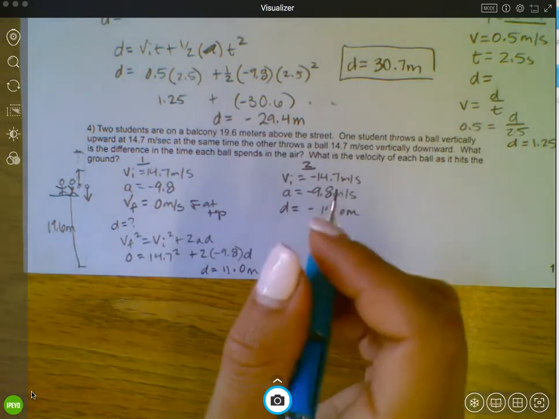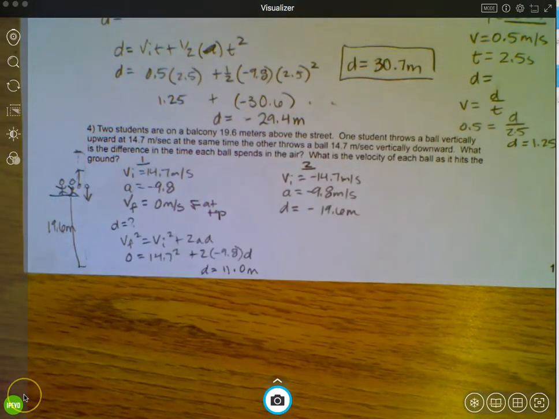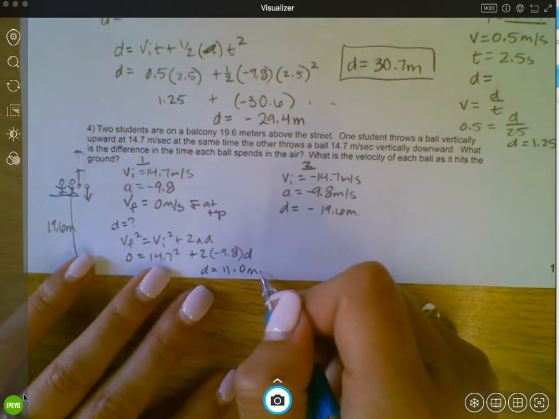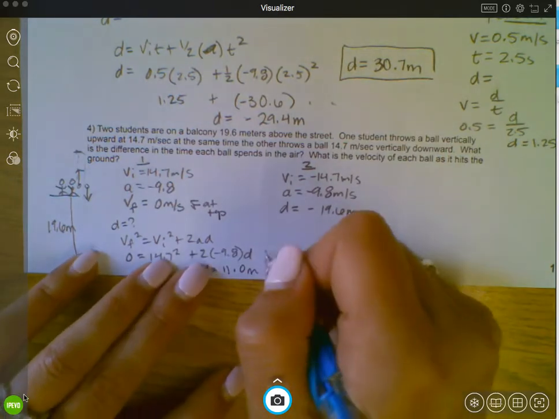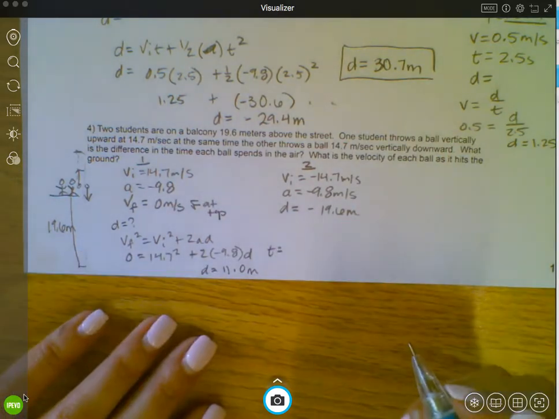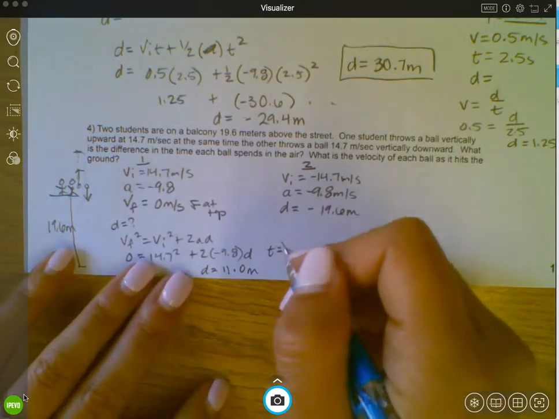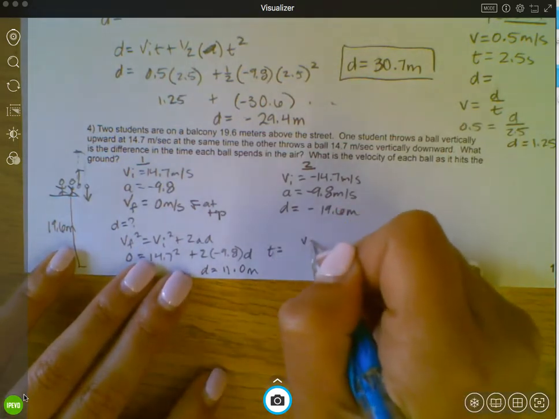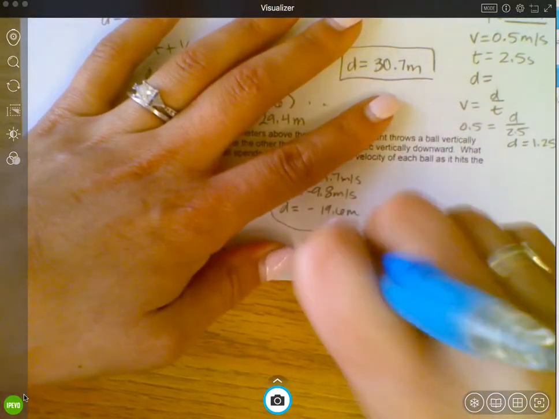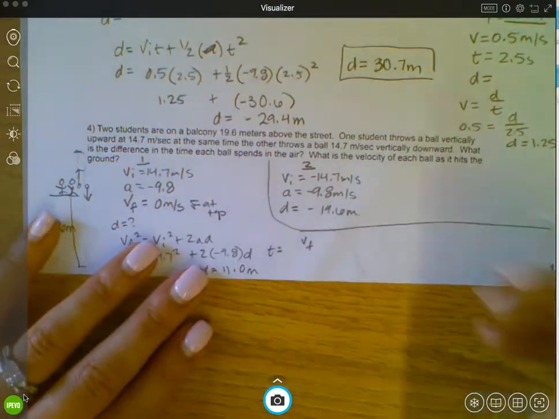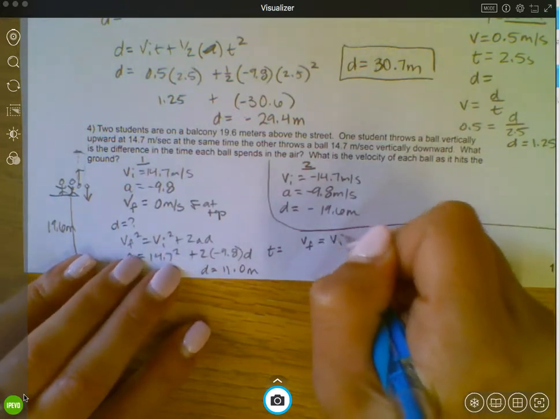Okay. All right, and then we got to figure out how long that took. So we'll go t. And we could use the first equation, the VF. Part 2 is going to be easier. VF equals VI plus AT.